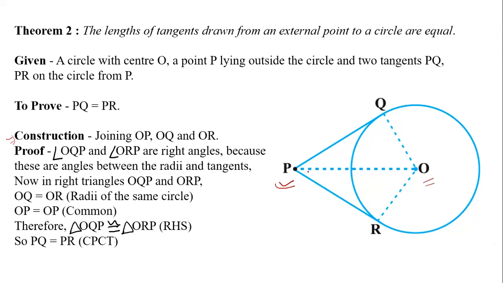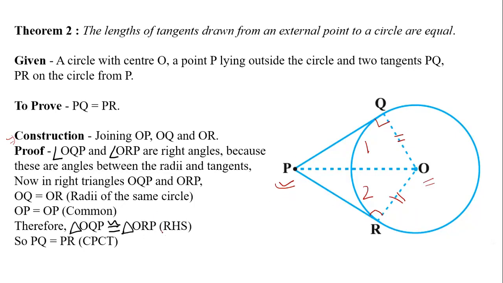In this way we formed two triangles, one is PQO, triangle number 1, and triangle number 2 is PRO. So let's see, in these two triangles, PO is common to both the triangles, and OQ and OR are the radii of the circle, so these will be equal, and angle R will always be equal to angle Q, because these are radii and these will be perpendicular to the tangents.